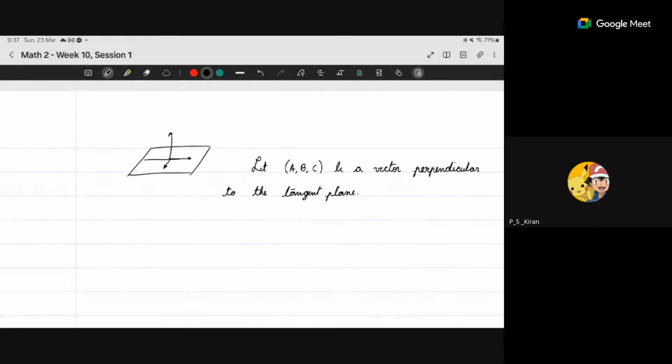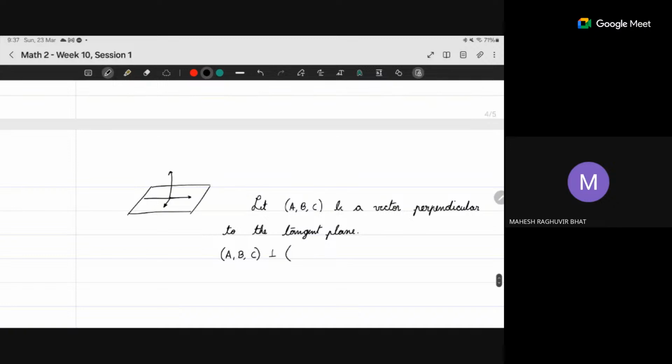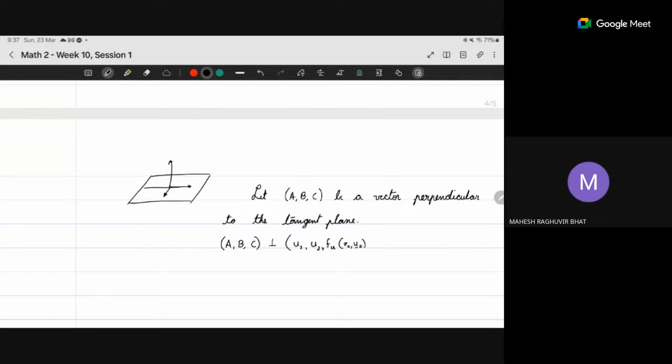So ABC is orthogonal to, I'll just write this, u1, u2, f_u at that point, f_u at x naught, y naught.